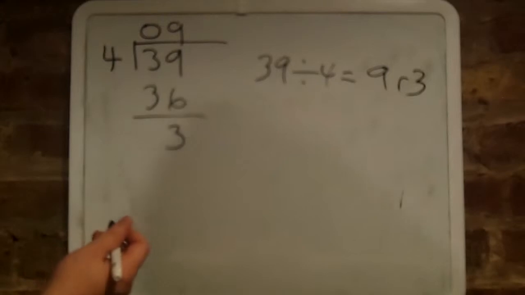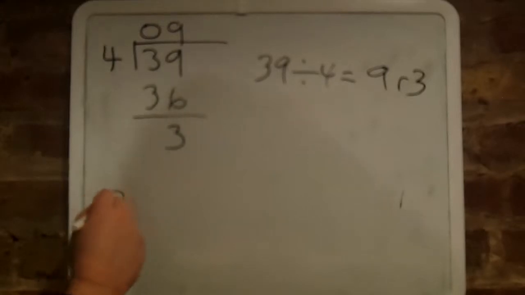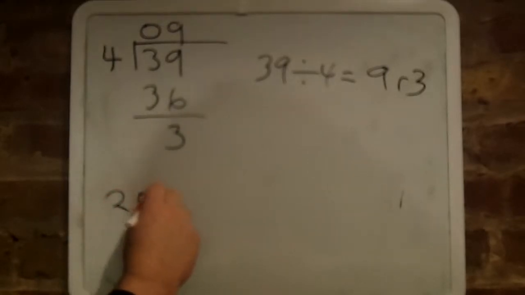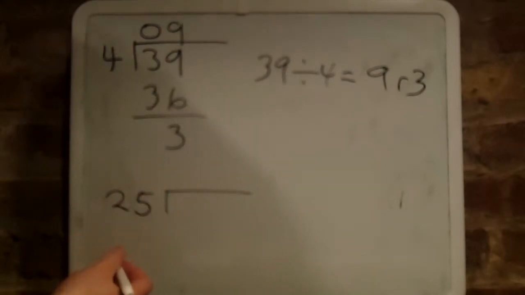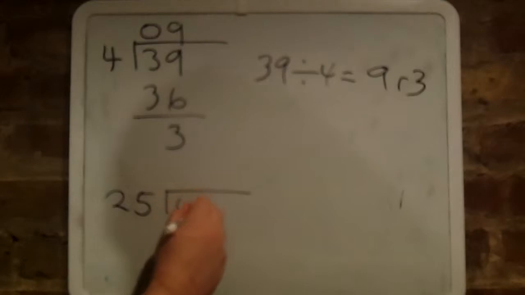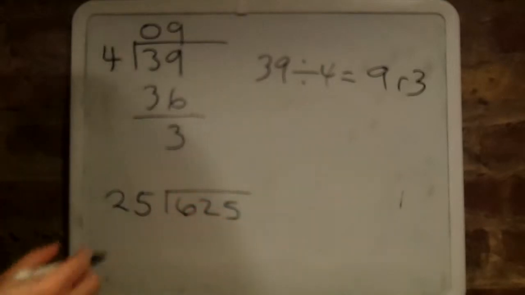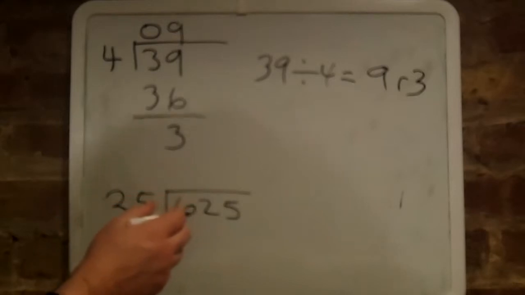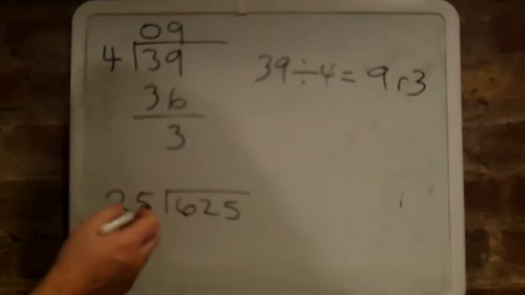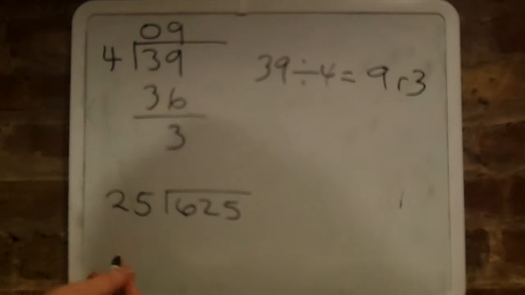I suppose I should try a 2-digit one, so we have 25 going into, I don't know, let's say 625. So how many times can 25 go into 62? Well, if you think about it, you can think of it maybe in quarters.